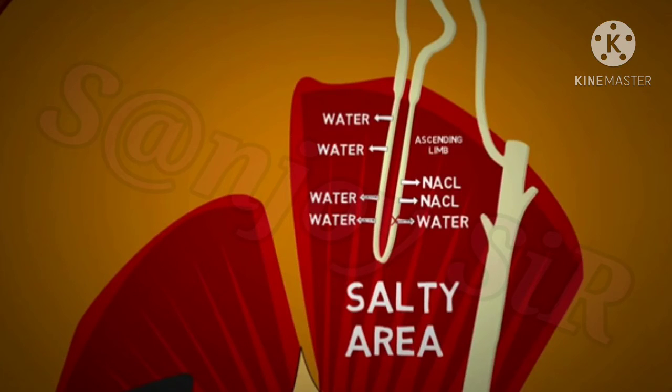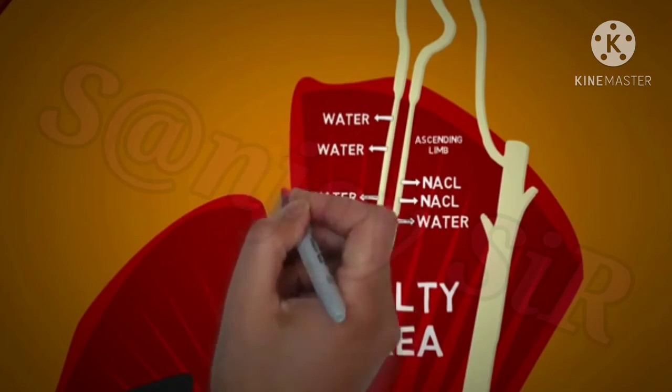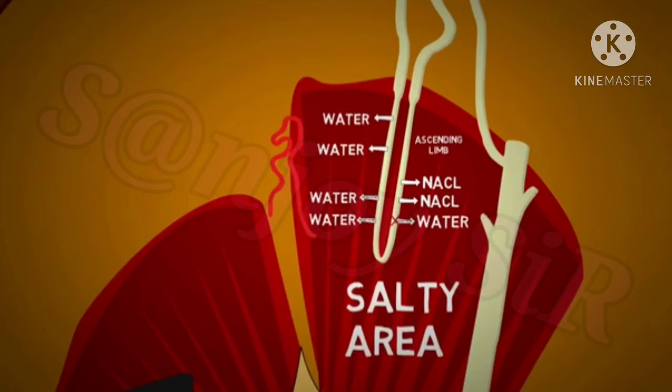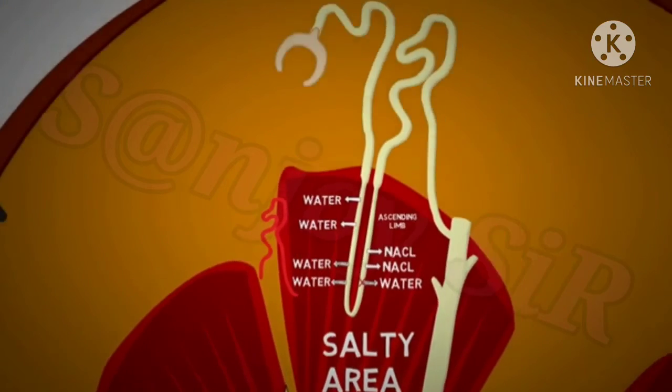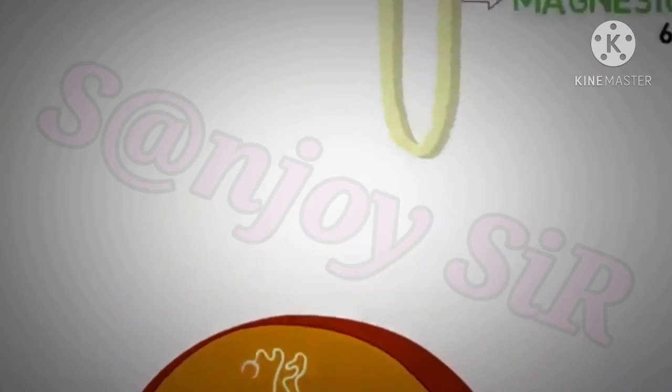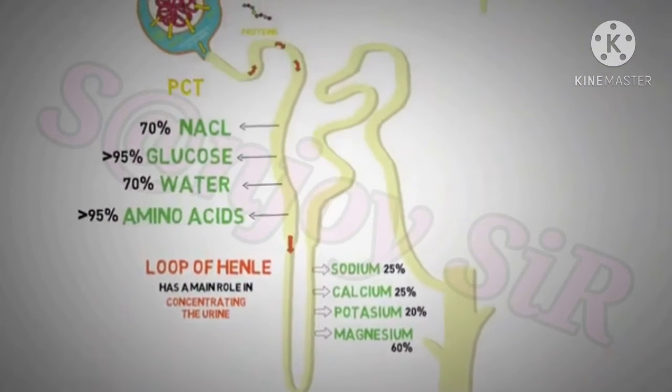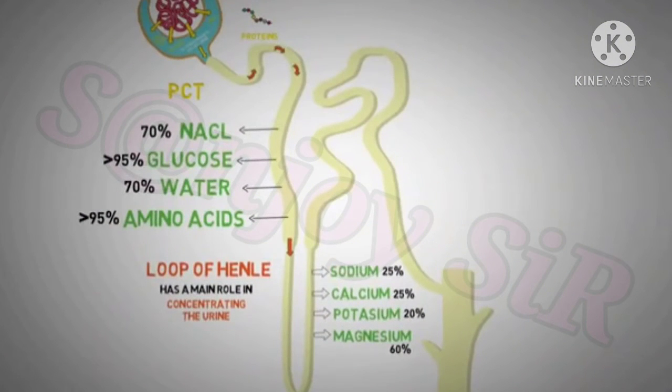And this is the reason why the loop of Henle is so long, that is to give time for this water to move out. And that is why it dips nice and pretty far down into this salty portion, which is the renal medulla. So this is the major mechanism of gaining back a lot of water that gets filtered at the level of the renal corpuscle.